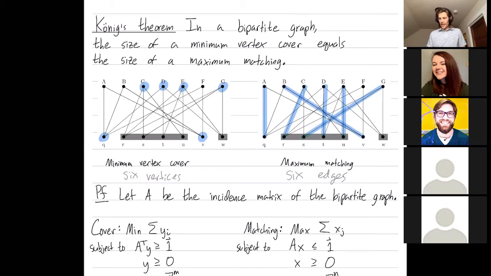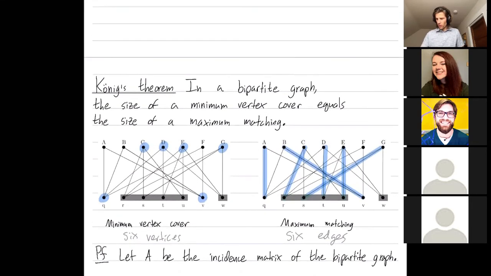We're going to let A be the incidence matrix of this bipartite graph. What does A look like? A looks something like I have all the vertices as rows.